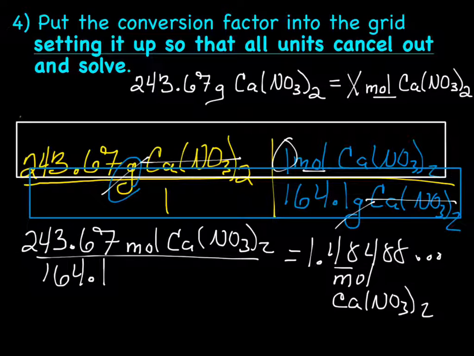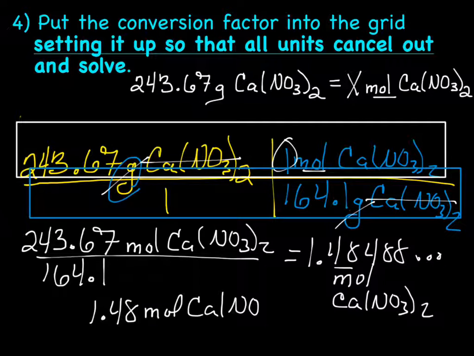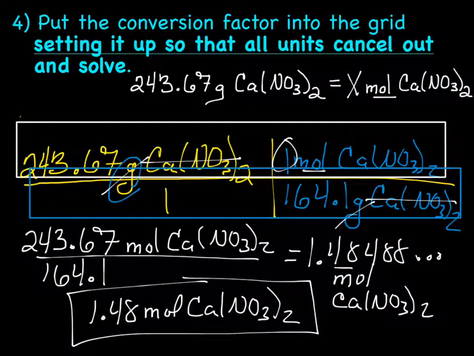So our final answer would be 1.48 mole Ca(NO3)2. So now we know that if we have 243.67 grams of calcium nitrate, we have an amount, 1.48 moles of calcium nitrate.